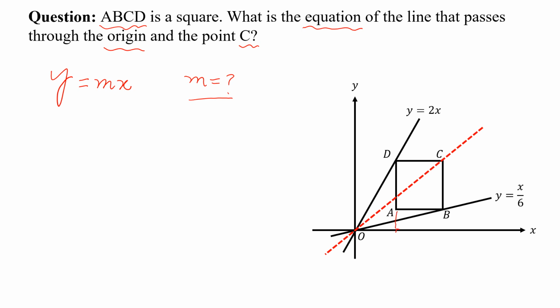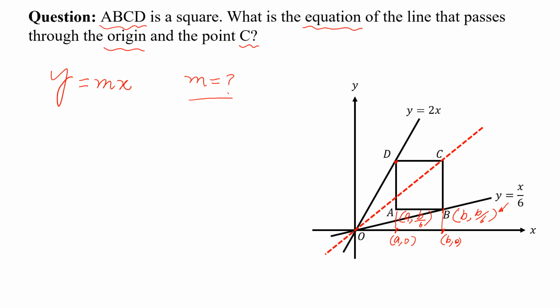Let this point be A0 and this point be B0. Then point B will be B and B by 6 from here. Similarly, point A will be A and B by 6.